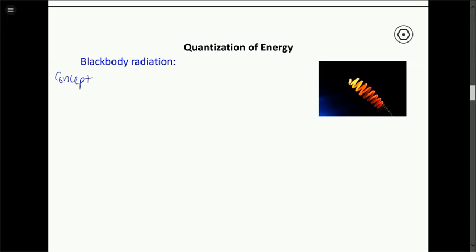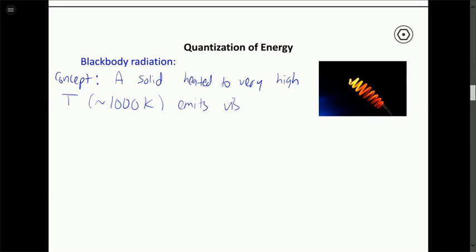There are some observations about black body radiation that led scientists to believe that some of their ideas were wrong. A solid heated to very high temperature, and we're talking around 1,000 Kelvin here, or higher, emits visible light and probably some infrared as well, but that's what we see, the visible light.